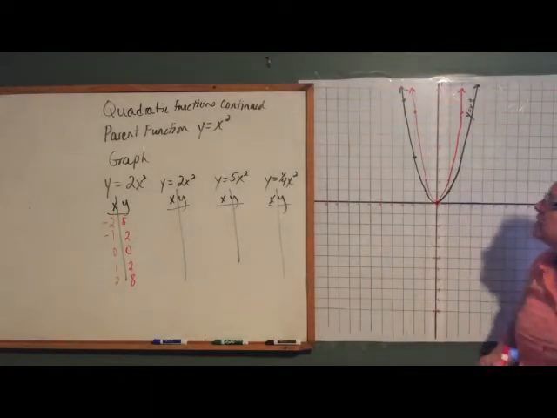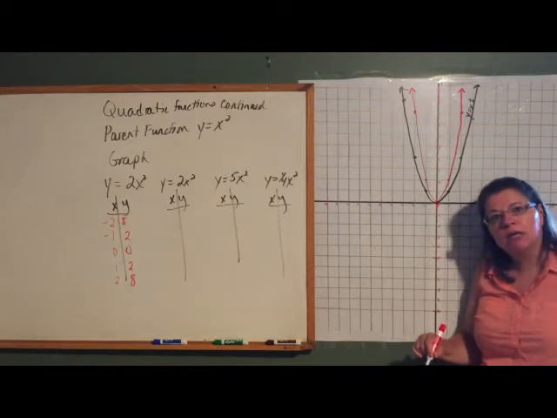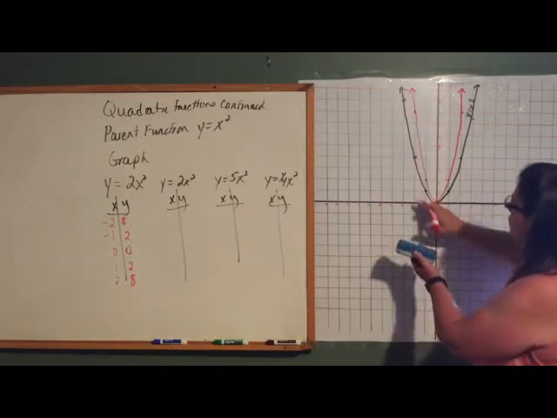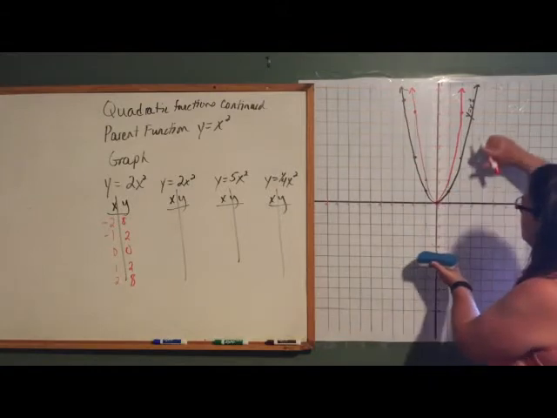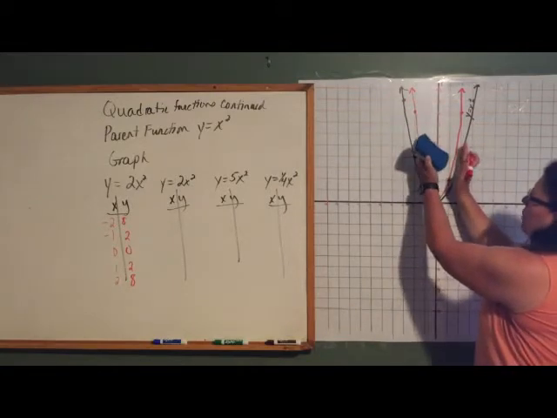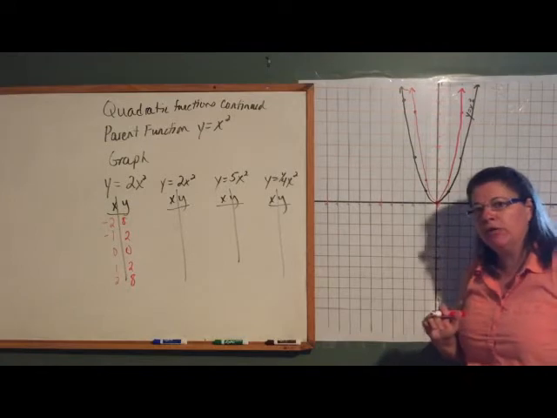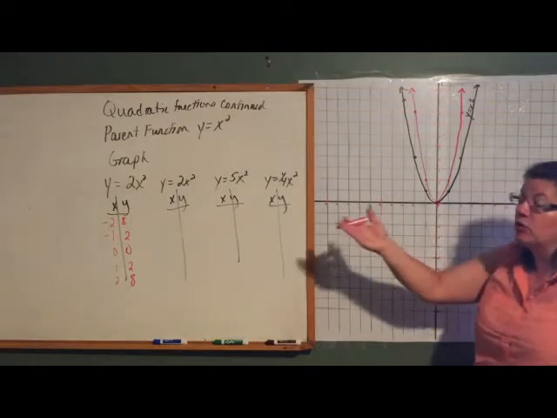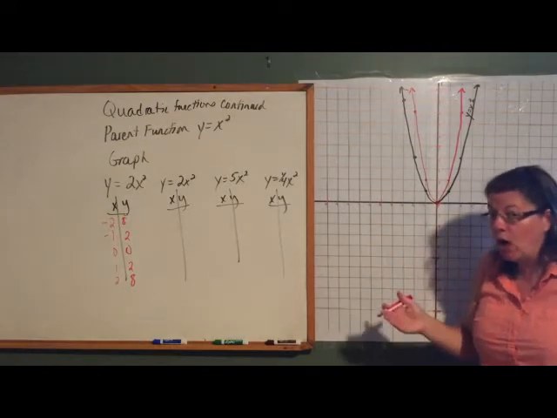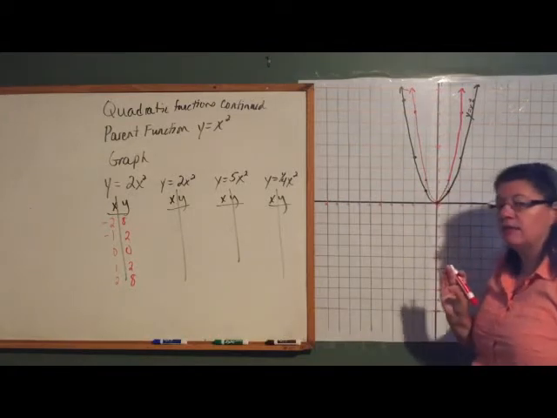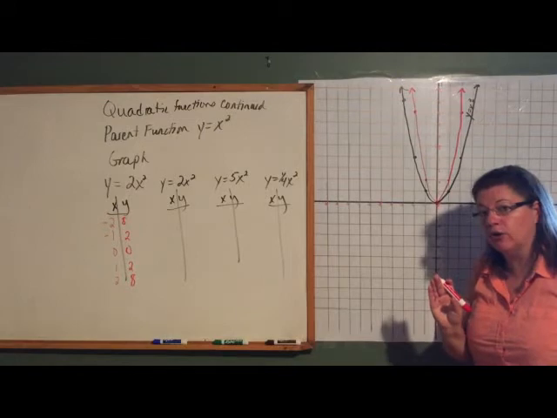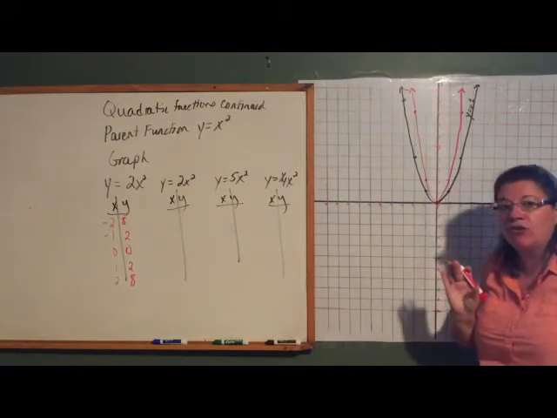But what has happened to my parabola? My parent function was the black function here. It starts this shape. But then notice, when I put a whole number in front of A, or I could be more specific and say a number bigger than 1, my parabola actually gets more narrow, thinner, skinnier, however you want to describe it.